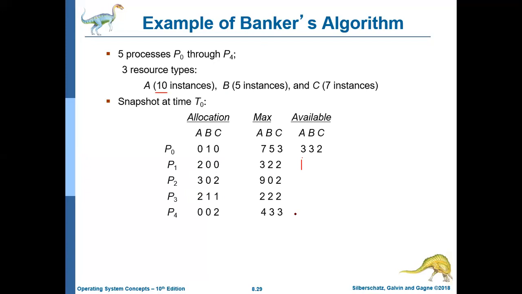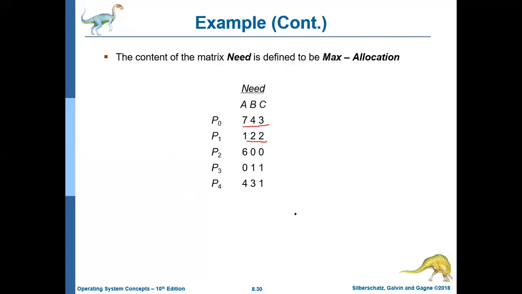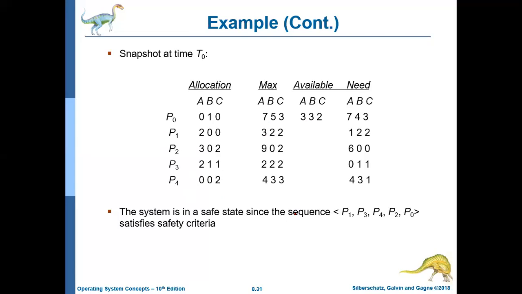If anyone is having any doubt in between, may raise their hand. So now the problem is looking like this. Allocation already given to you, max already given to you, available already given to you or you have calculated, and you have calculated the need matrix.